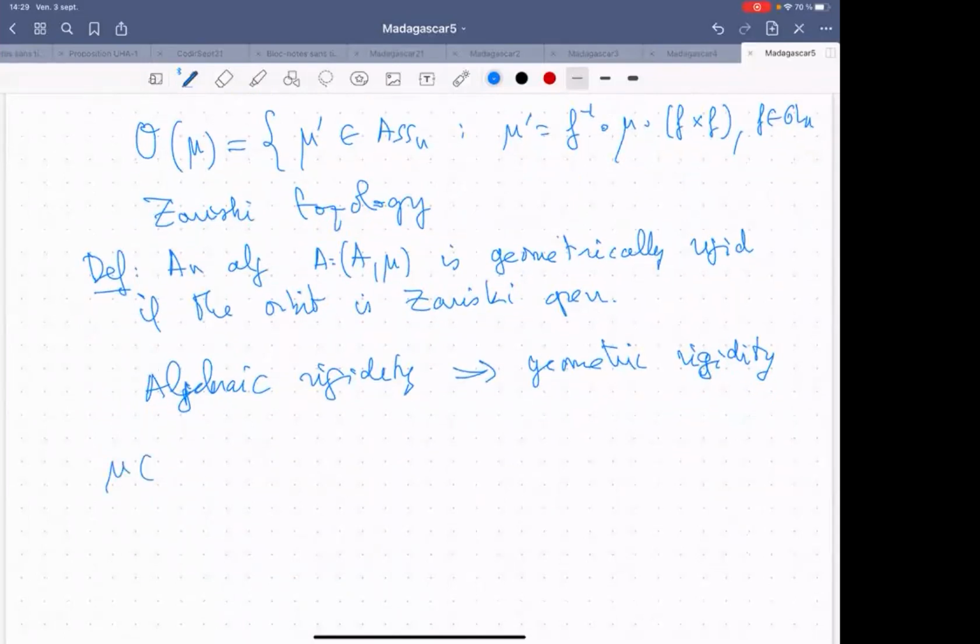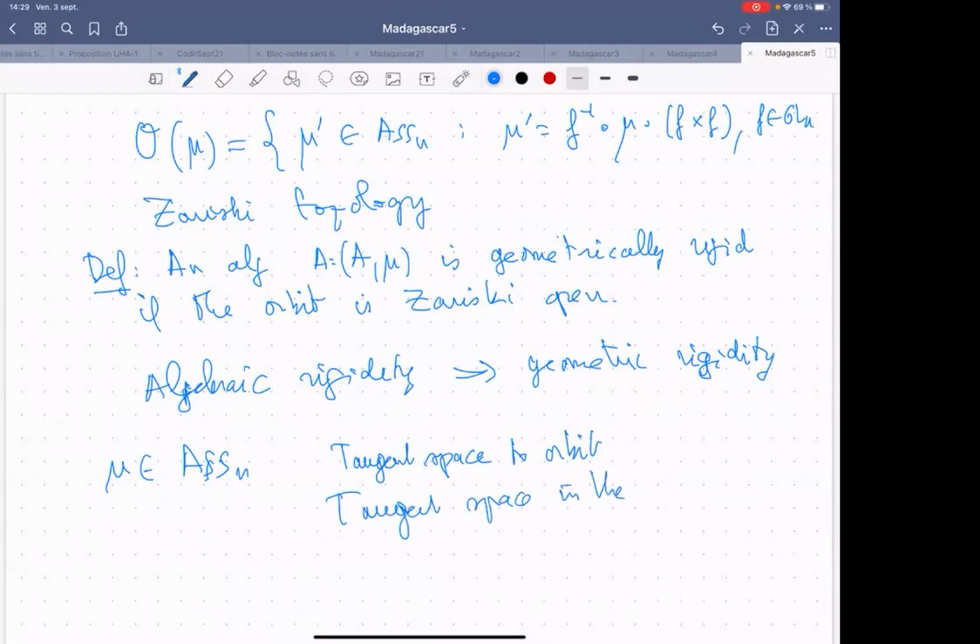If you have mu belonging to As_n, then you may have a tangent space to the orbit, and a tangent space to the variety.